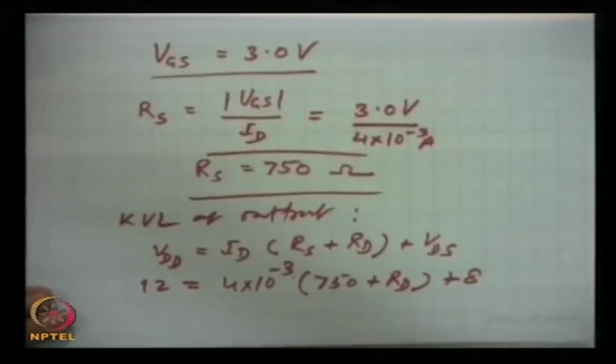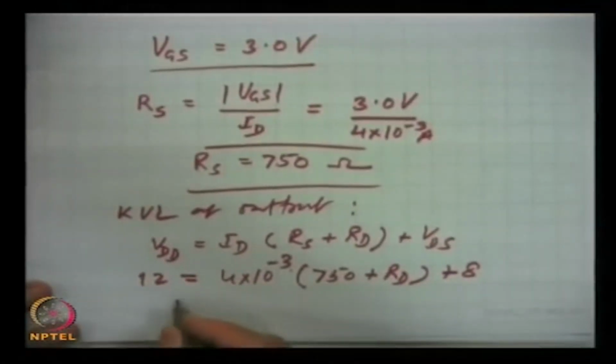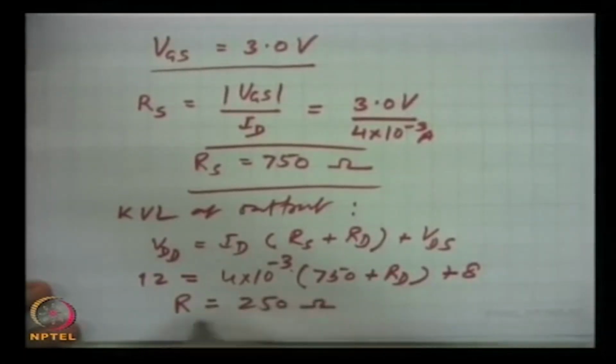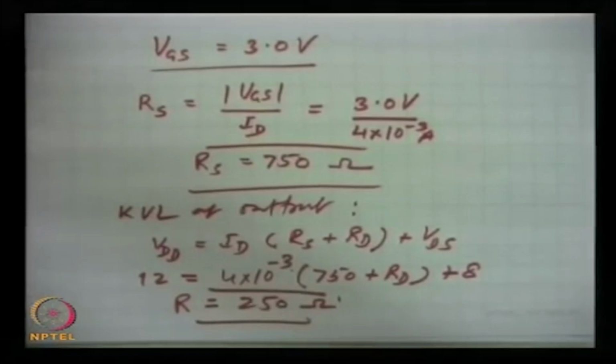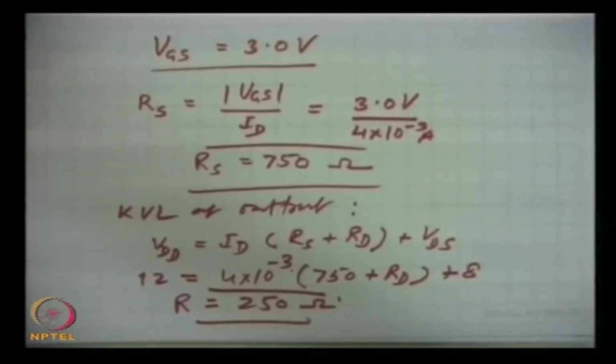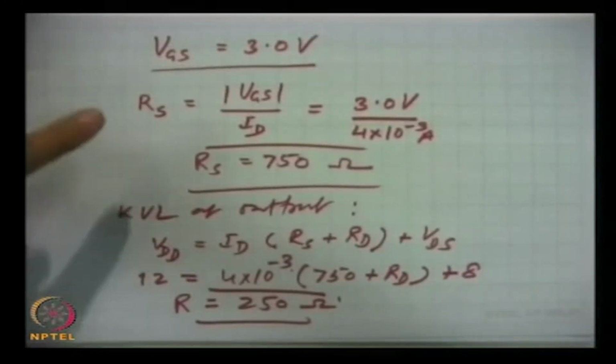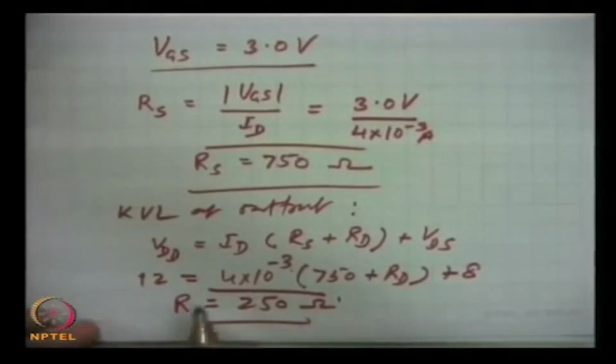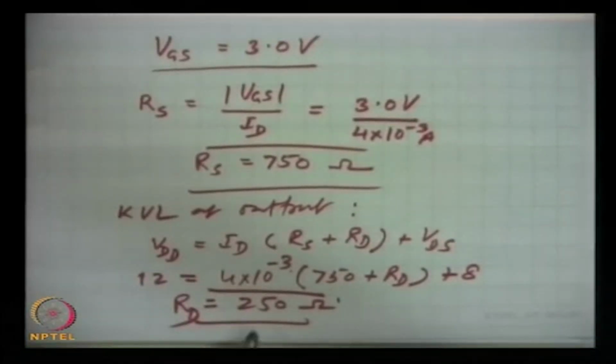We solve for RD and RD comes out to be 250 ohms. This is the way we can find the values of the two resistors: RS 750 ohms and RD 250 ohms.